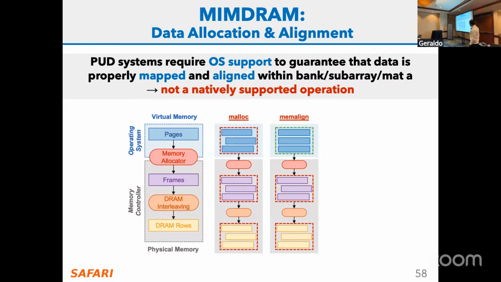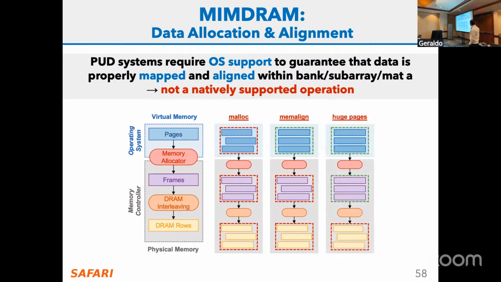If you use allocation APIs from the malloc-align family of allocators, like POSIX memalign, the operating system can guarantee that the virtual pages are going to be aligned, but it is still not guaranteed that the frames are going to be physically aligned or that the DRAM rows are going to be aligned. Finally, you can use huge pages. Huge pages guarantee that the pages are going to be aligned in the virtual address space, and that the frames are going to be aligned in the physical address space.